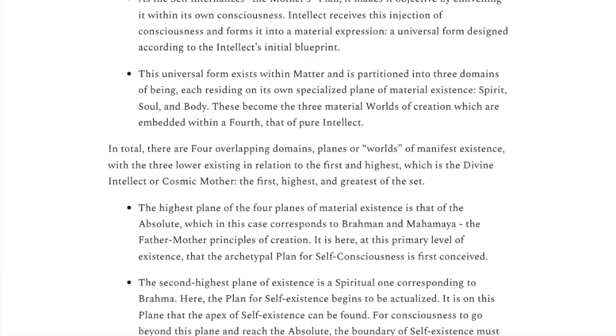The highest plane of the four planes of material existence is that of the absolute, which in this case corresponds to this trinity of Brahman, Mahamaya, and Brahma, which is the father, mother, and child principles of creation. And so it's here at this primary level of existence that the archetypal plan for self-existence is first conceived, or self-consciousness, I should say.